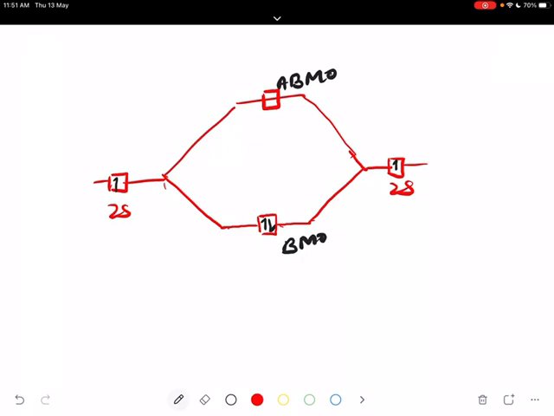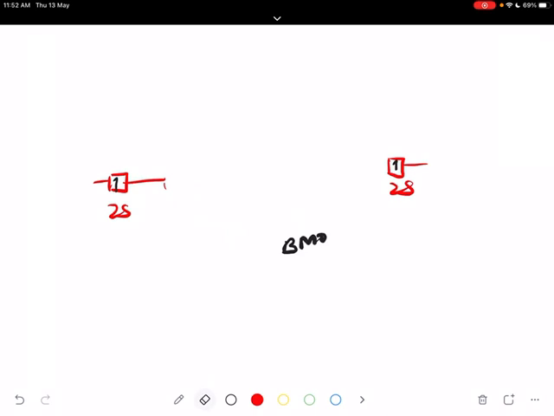We say this band means together the bonding molecular orbitals and anti-bonding molecular orbitals, which are so close in energy. I should not have drawn like this, close by.